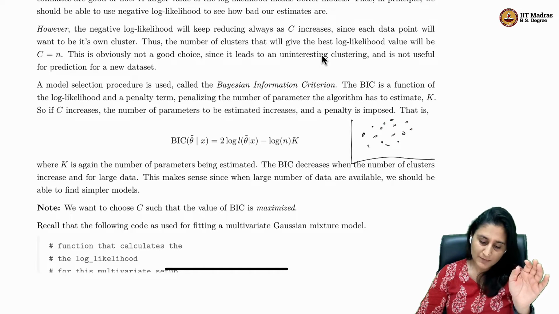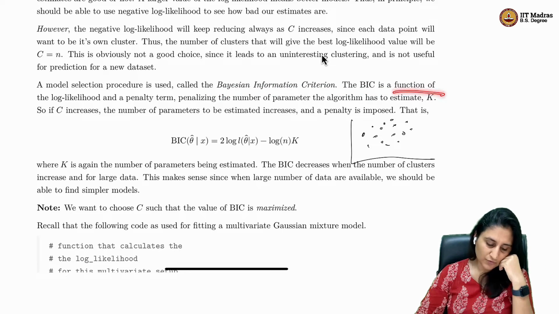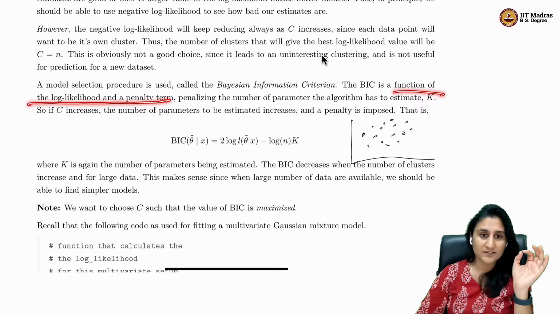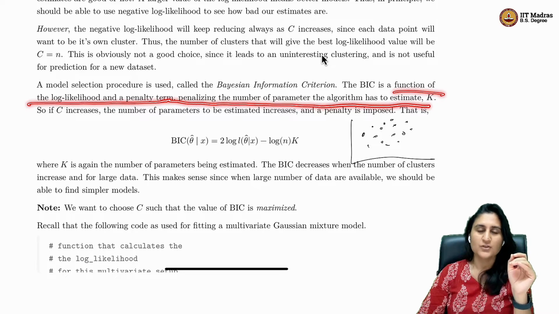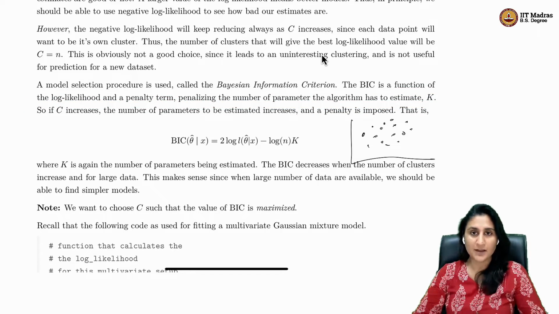Okay, so the BIC, or the Bayesian information criteria, is a function of the log likelihood and a penalty term that penalizes the number of parameters the algorithm has to estimate, K. In every model, there's going to be a number of parameters it's estimating.